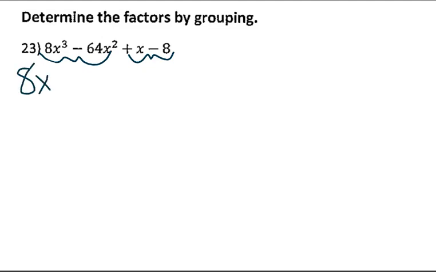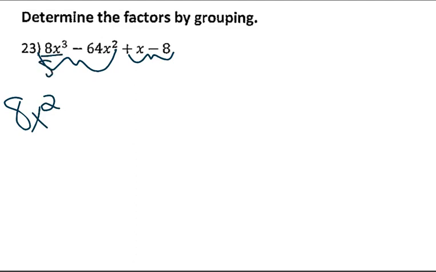And I can take out an x squared, because they both have that in common. So I'm going to scoot it down so I can show you what it looks like to divide it. So 8x squared, and I'm going to divide by 8x squared. All right, so 8x cubed divided by 8x squared, and I'm just left with 1x.